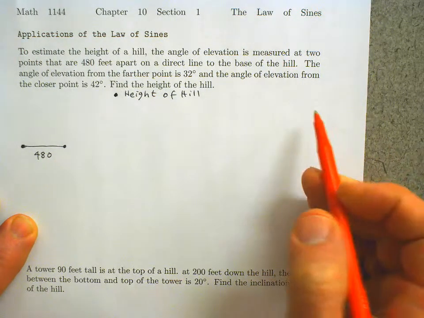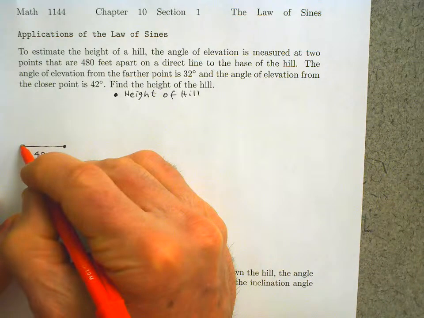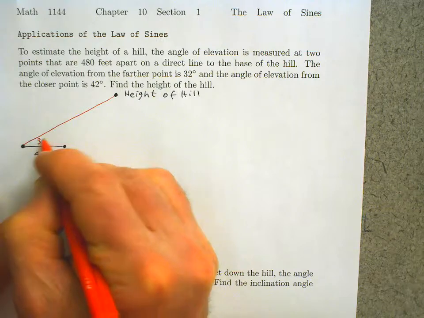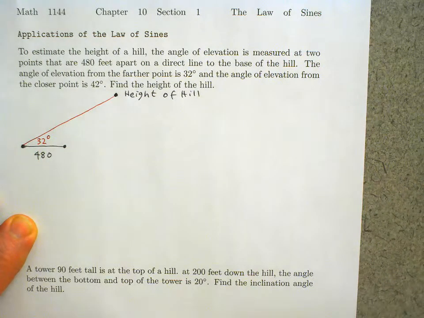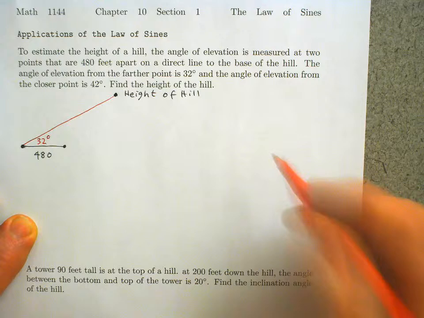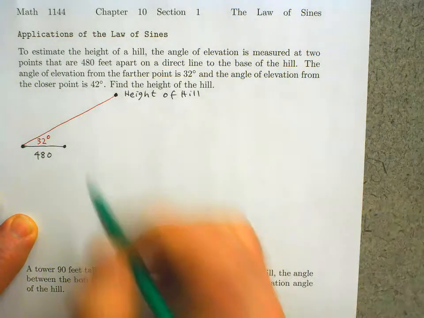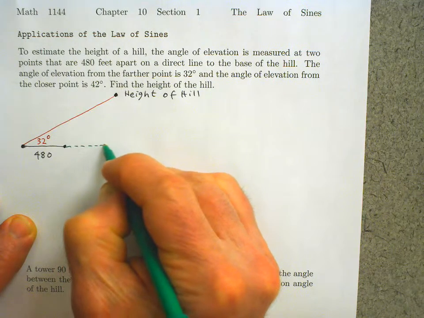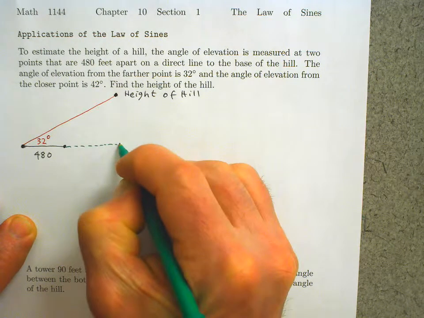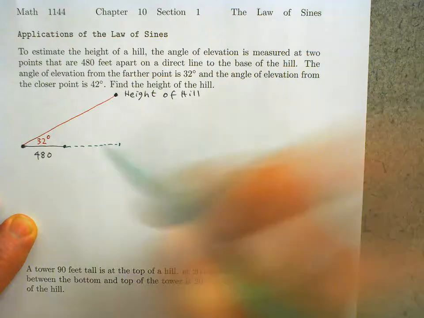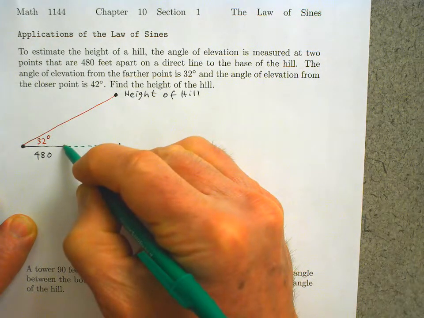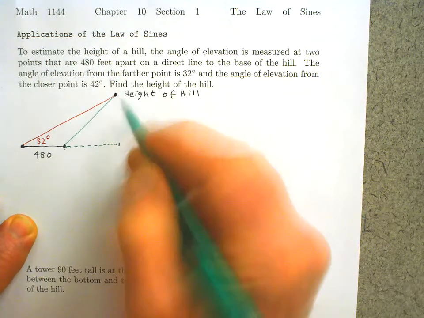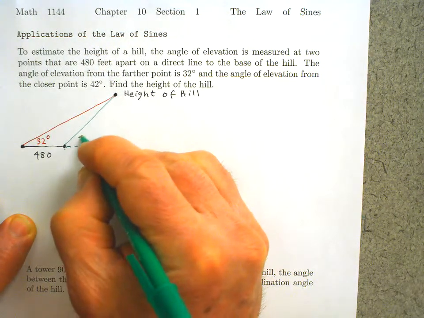The angle of elevation from the farther point is 32 degrees, and this is in a straight line to the base of the hill. From the second point, we have another angle of elevation to the top of the hill, which is given to be 42 degrees.